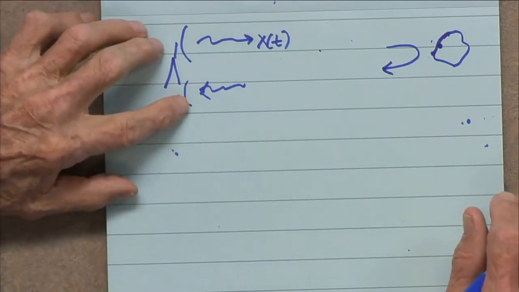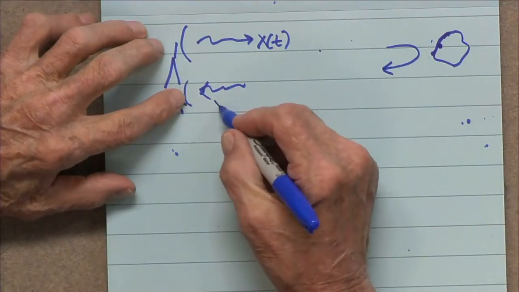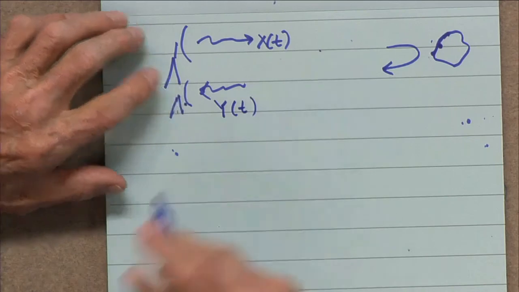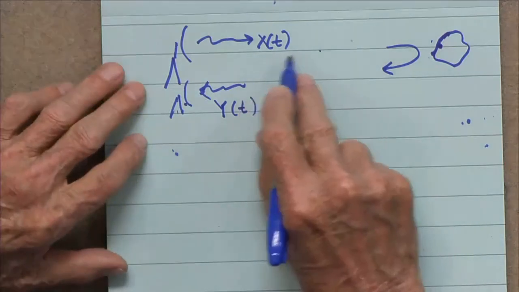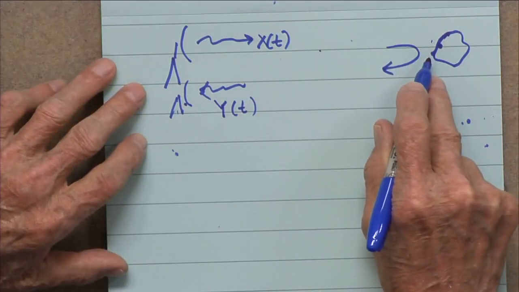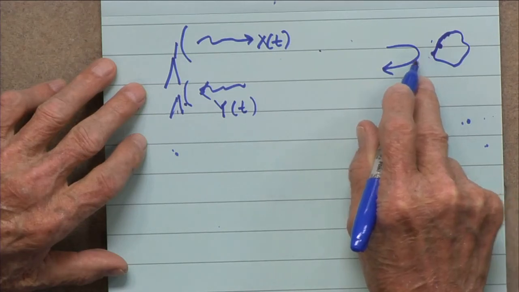What can I do with this signal that I receive now? By the way, what x of t goes out and hits that target, what's going to come back?